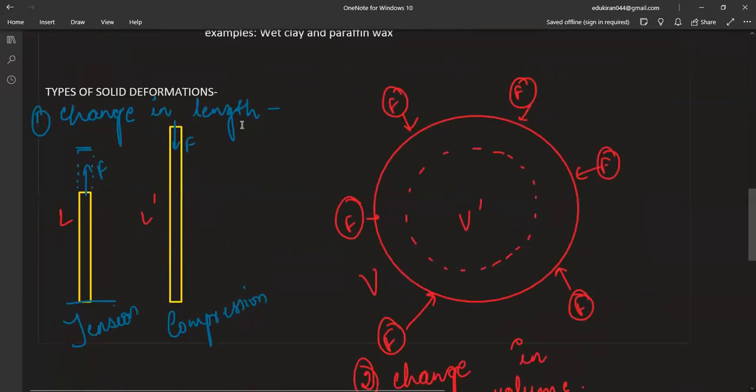See, when we are talking about the types of solid deformations, when we are saying change in length, when the force was applied and it increased the length to this height, we called it tension. And whenever the force was applied in such a manner that it compressed the body, this was called compression.